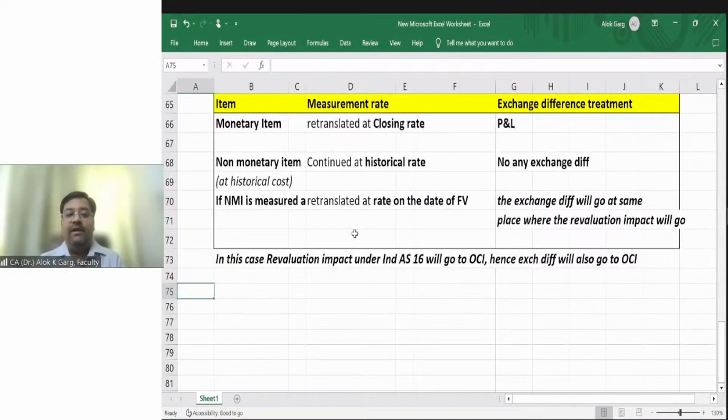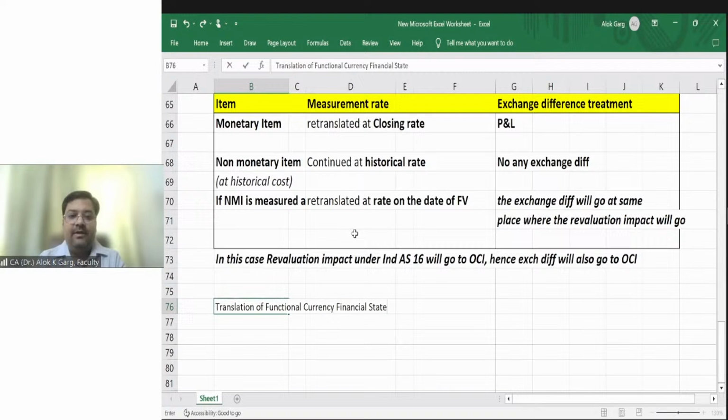So now we are discussing section number 2, translation of functional currency financial statement into presentation currency, right?